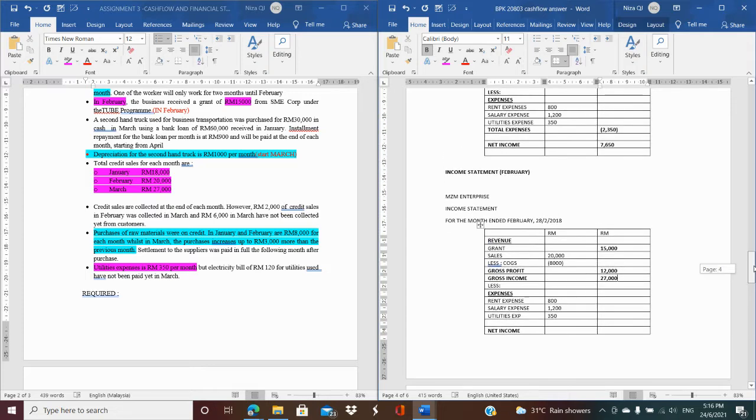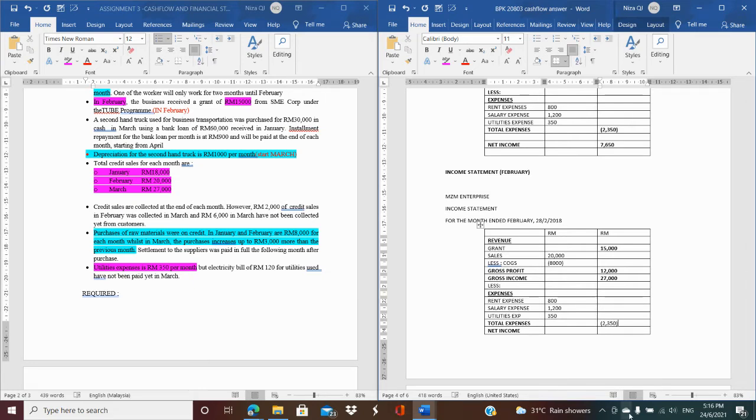The expenses are the same as the previous month. So the total expenses will be 2350.